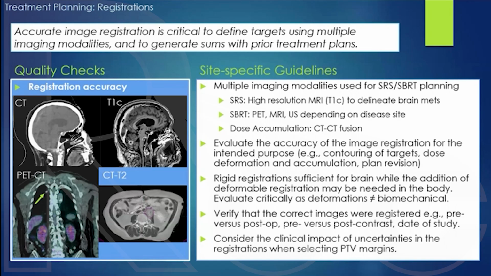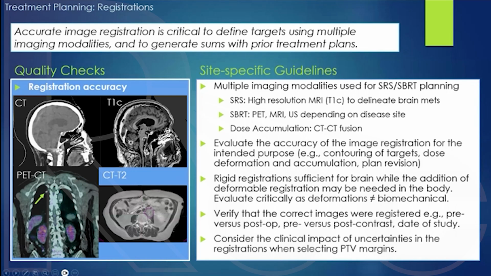For SRS, high-resolution MRI, and more specifically, T1 weighted with gadolinium contrast, is so important to delineate brain metastasis. For SBRT, depending on the disease site, PET, MRI, or maybe even ultrasound may be indicated. For dose accumulation, this is typically achieved using a CT to CT fusion or image registration.